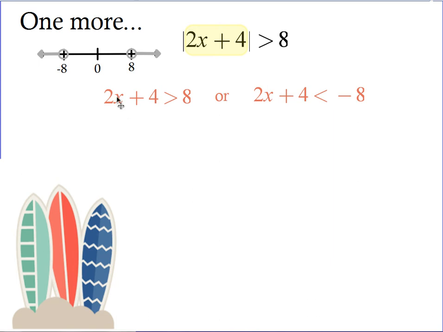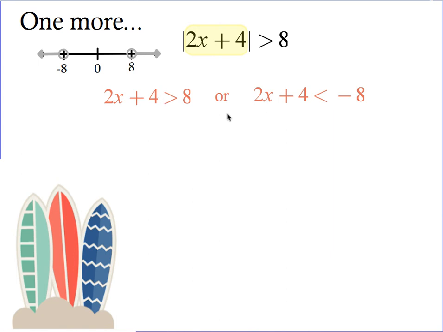Well, our first inequality looks suspiciously like our original inequality, right? Just without the absolute value sign. And the second inequality flipped the inequality symbol and changed the sign on the 8. If you want a fast way to do this, you can remember that pattern, but again, drawing the number line is most helpful.